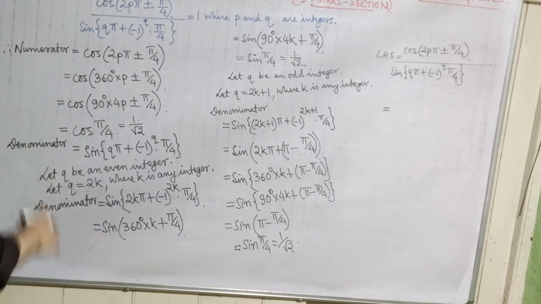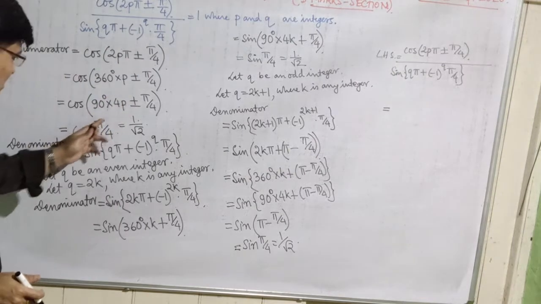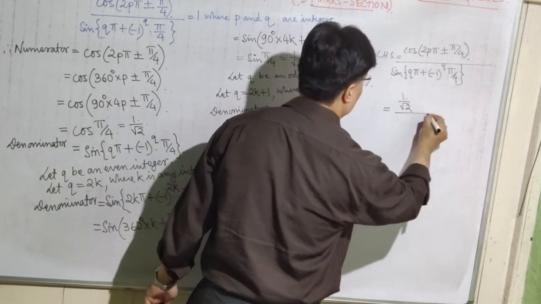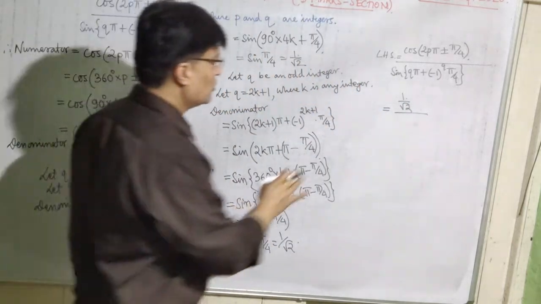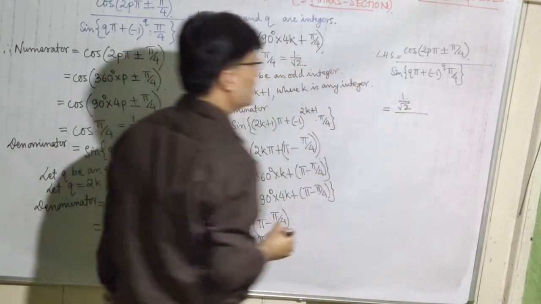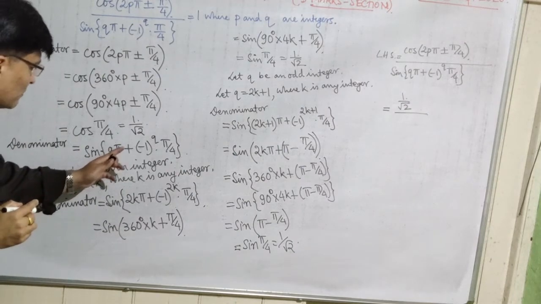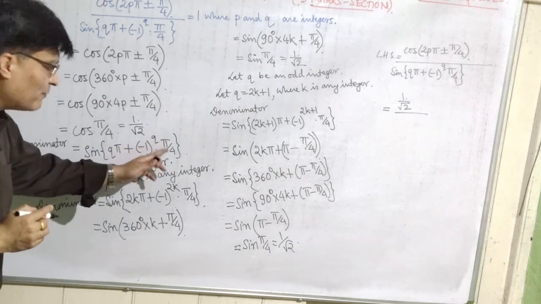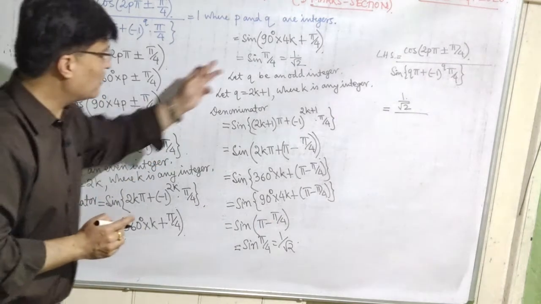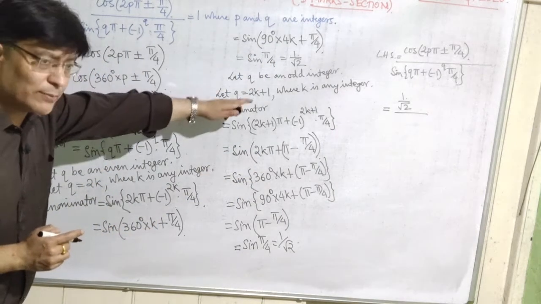Okay. So what is the value of the numerator? That is cos of 2p pi plus minus pi by 4. It is 1 by root 2. So let us write here 1 by root 2 divided by, in the denominator, what is there in the denominator? What is the value of the expression in the denominator? What is the value for sine of q pi plus minus 1 whole to the power q pi by 4? For both even integer and odd integer as q, both the values are 1 by root 2. If q is an even integer, the value of this expression is 1 by root 2.